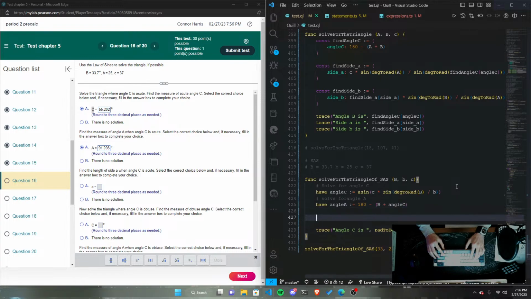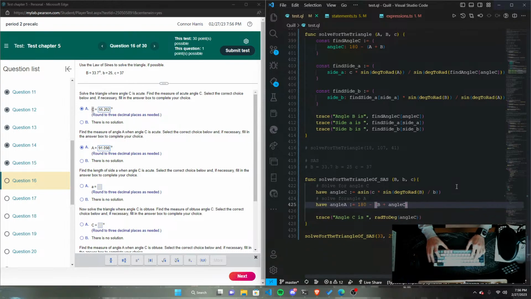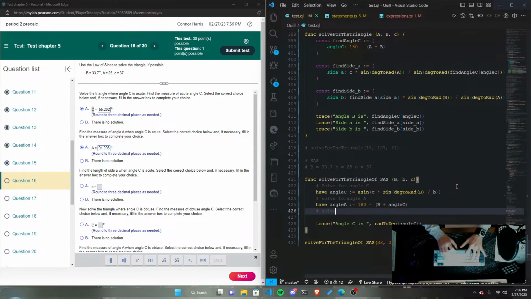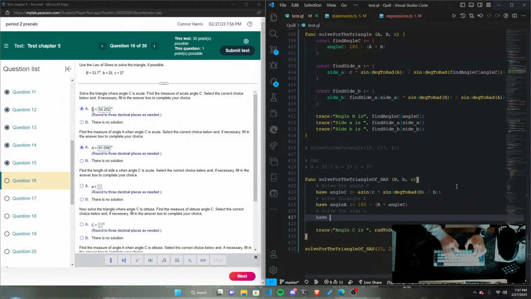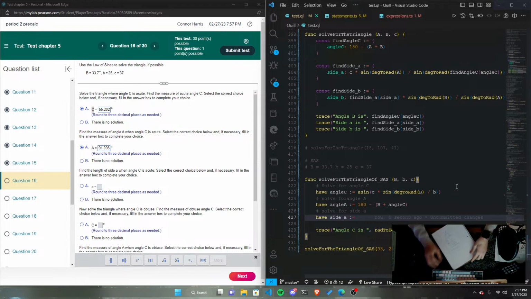So now we need to solve for side A. Have side A be equal to... This one's pretty simple, since we have all of our angles here.